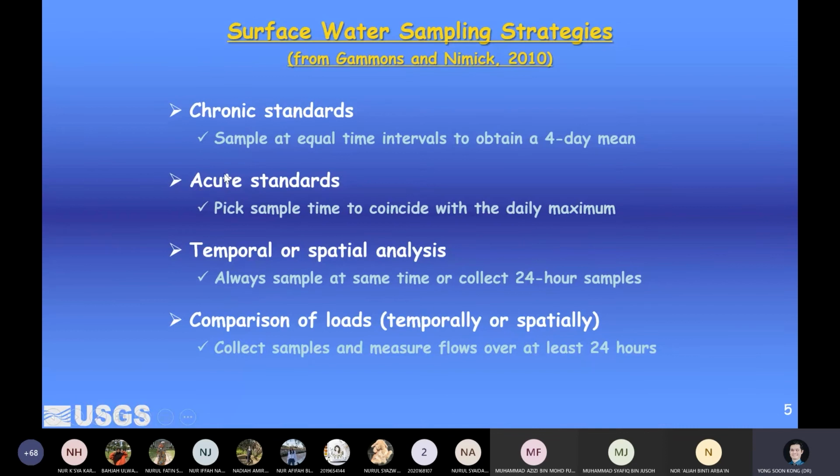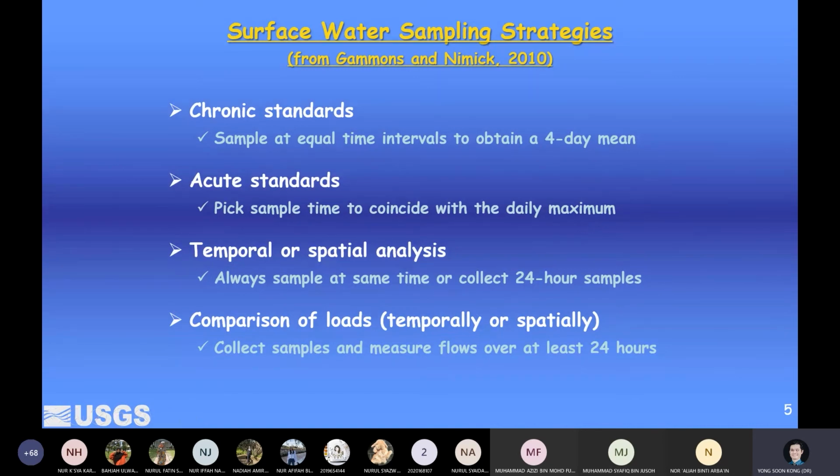Now in this case, you can see the interval or the timing at which they take the sample. Some is more relaxed, a longer time frame, whereas for the acute one, you can say the situation is very contaminated, the soil or the groundwater, and they can have a frequent interval on a daily basis.